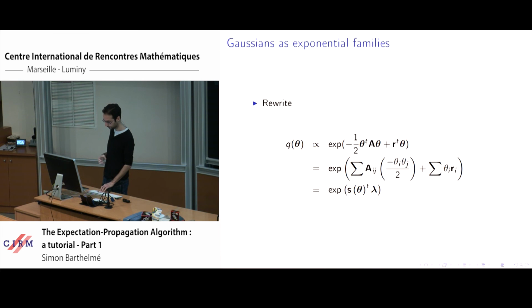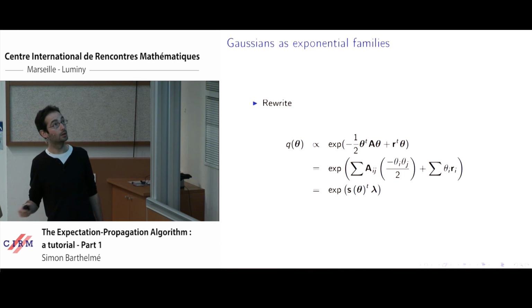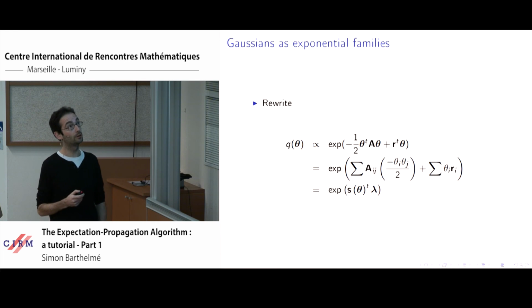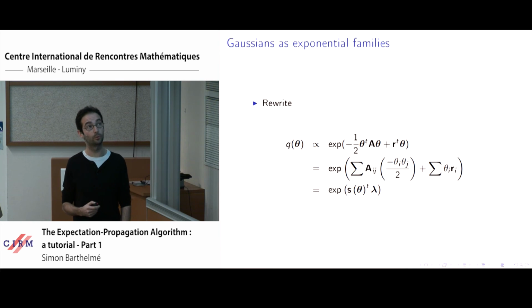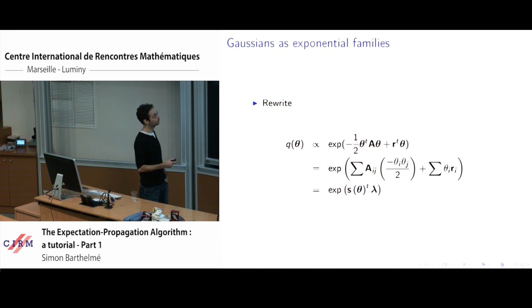How does this work? Well, if you take a Gaussian in the form I had earlier, you realize that this bit is just the sum over all the a_ij's, so all the indices in the matrix, of a product of theta_i and theta_j divided by 2. And this is just a linear sum again.